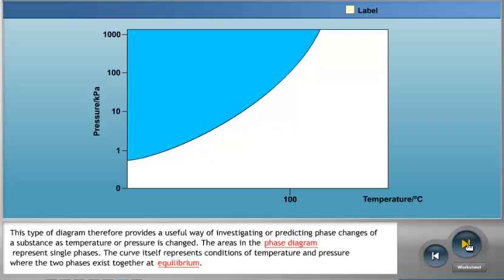This type of diagram therefore provides a useful way of investigating or predicting phase changes of a substance as temperature or pressure is changed. The areas in the phase diagram represent single phases. The curve itself represents conditions of temperature and pressure where the two phases exist together at equilibrium.